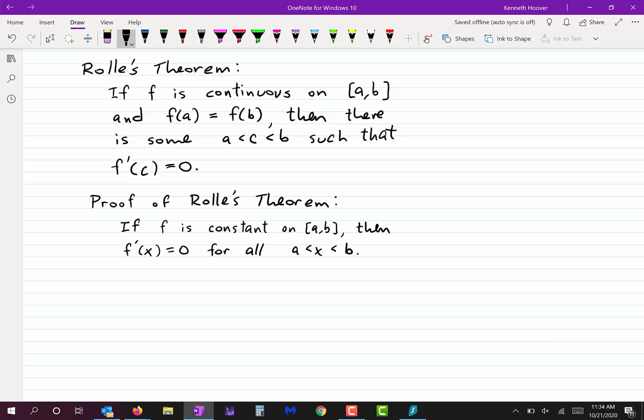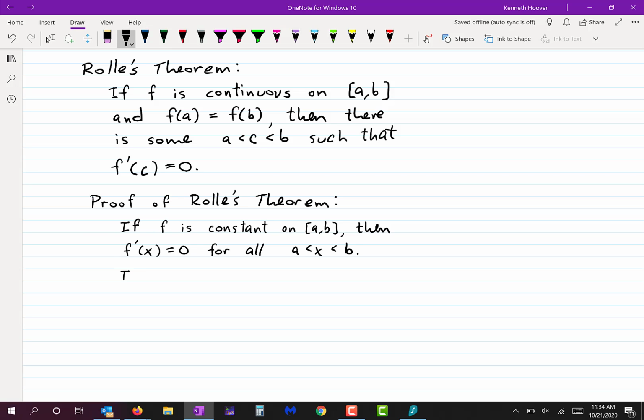So if you're trying to find a value c where f prime of c equals 0, then you could pick any c between a and b. Okay, so that's one possibility, is that f is constant, and in that case Rolle's theorem is easily true.